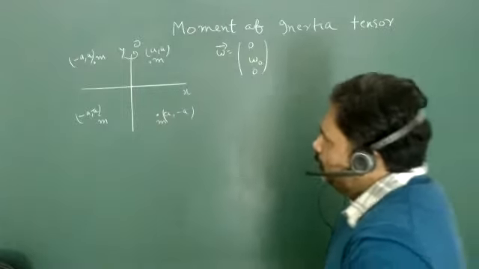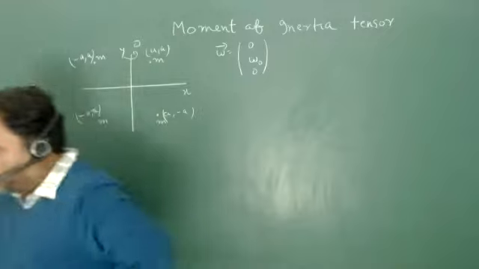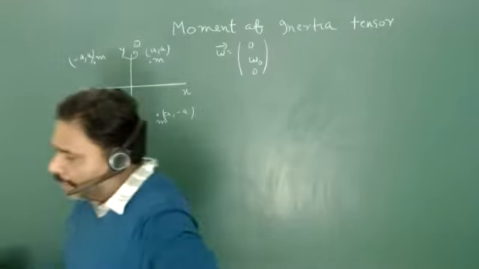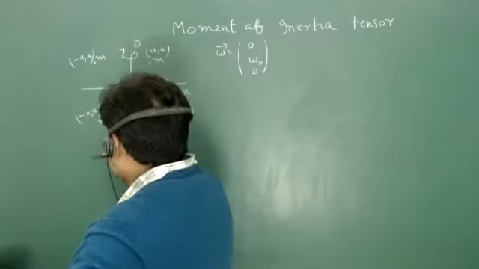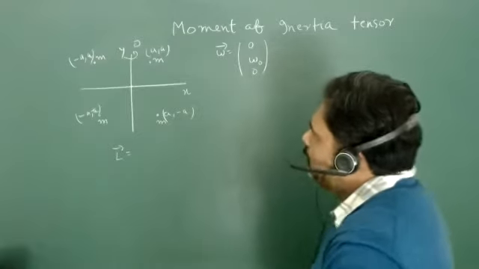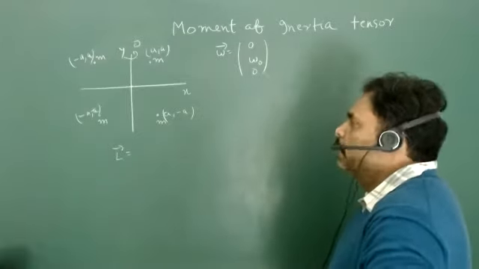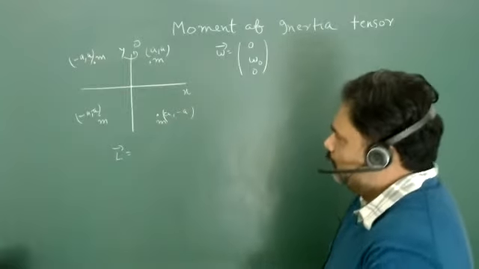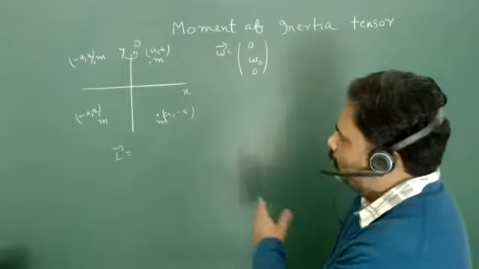So what is my problem? My problem is that I have to calculate the angular momentum of the system. So what I will do is write the moment of inertia tensor. Then we will see how we can calculate the angular momentum of the system.